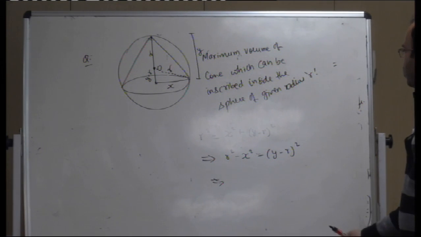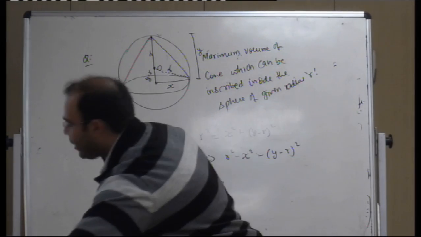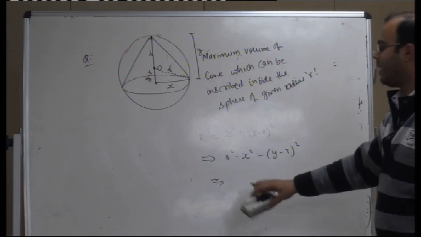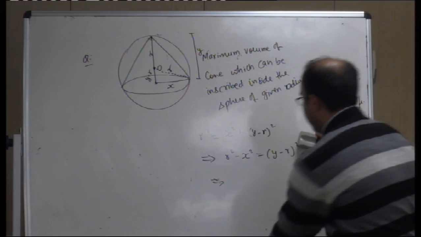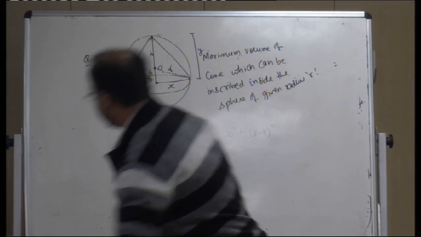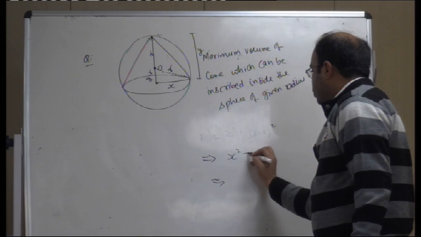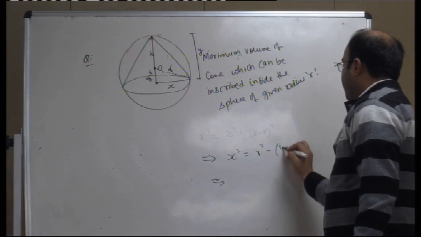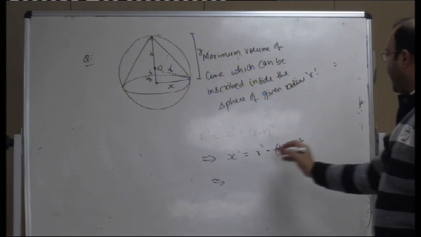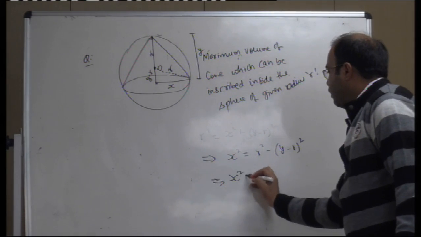It is already x square, so we can write it like this, x square equal to r square minus y minus r whole square, and then we can apply the formula a square minus b square here.